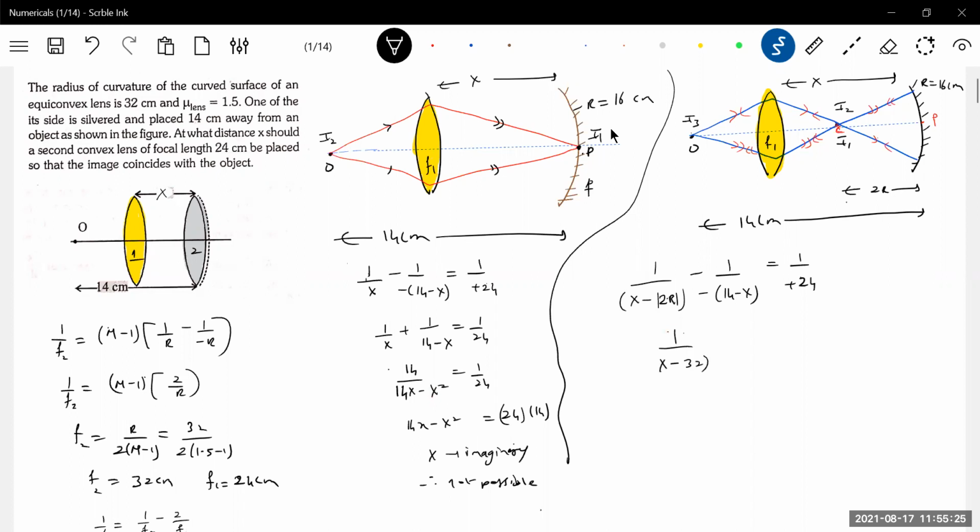X minus, this will be now 32. 14 minus x by 24. 14 minus x plus x minus 32, 18.